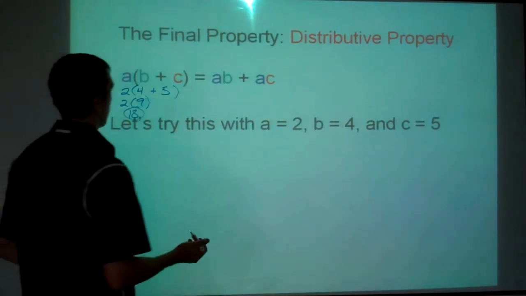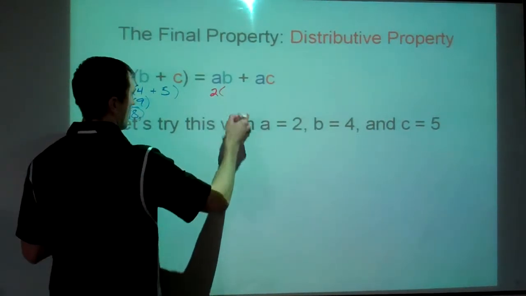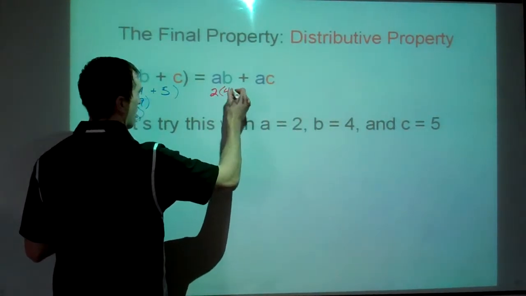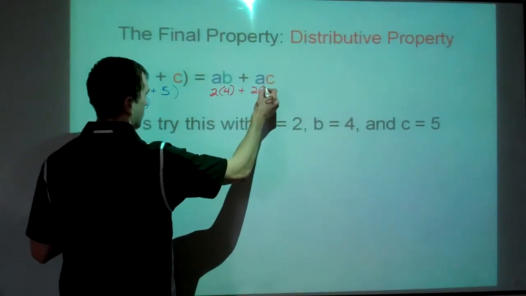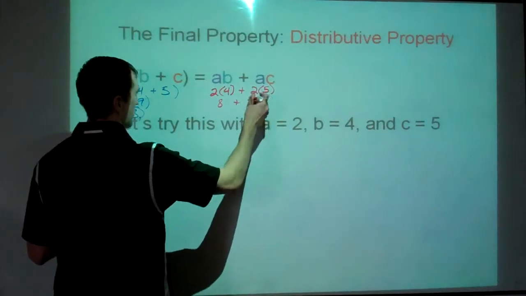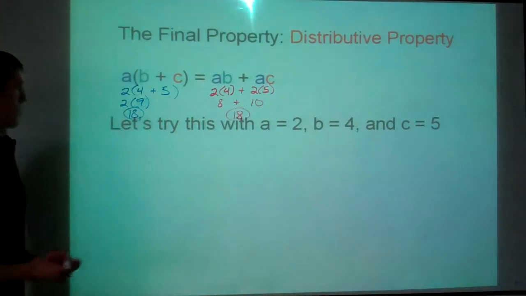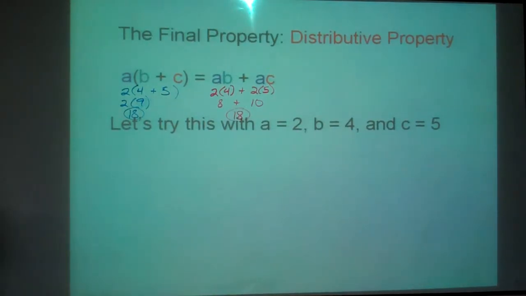Let's see if it works the other way. 2 times 4 plus 2 times 5. So 2 times 4 is 8 plus 2 times 5 is 10. 8 plus 10 is 18. And we get the same answer both ways. Okay? So the distributive property works.